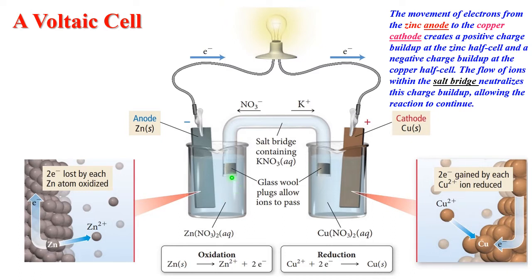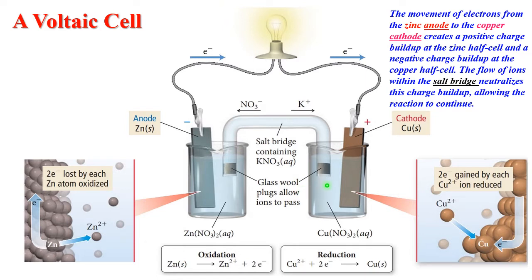What we can do, we can put a bridge between them. So ions, in this case potassium and nitrate, can travel through this bridge and conduct electricity. So negative charge buildup from here and positive charge buildup from the right side will disappear because ionic current will go through this bridge.